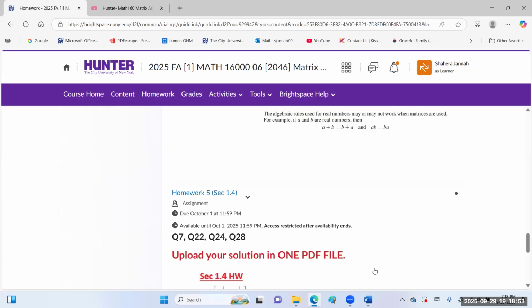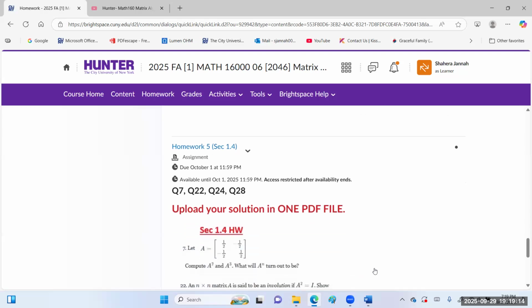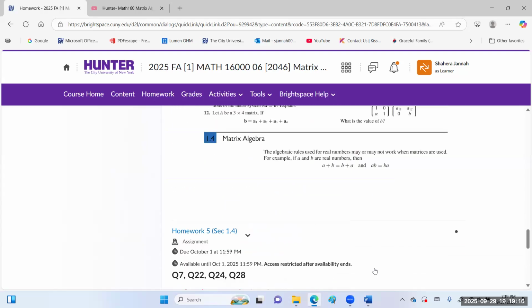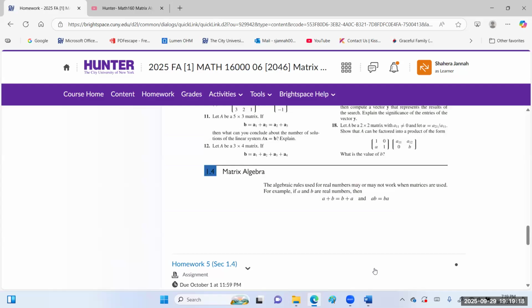Now for 1.3, that deadline I said tonight midnight, but I noticed most of you did not submit anything yet. So I'm going to extend that till Wednesday midnight. That means for Wednesday, you have 2 sets of homework if you haven't submitted yet. So before Wednesday midnight, you're going to submit homework number 4 and homework number 5.